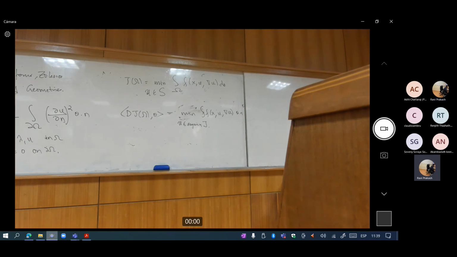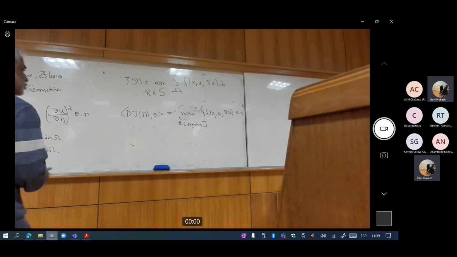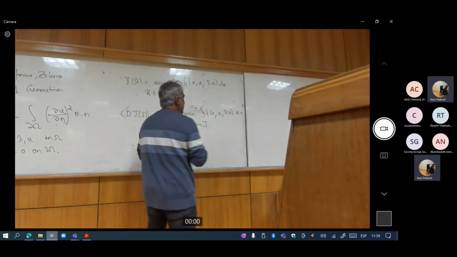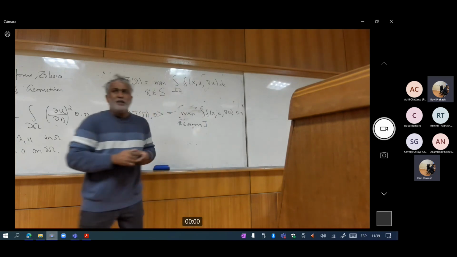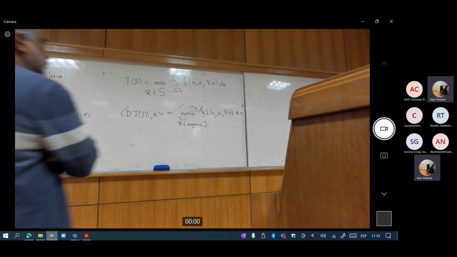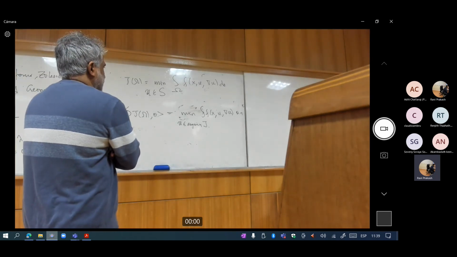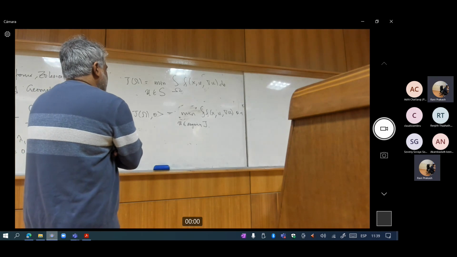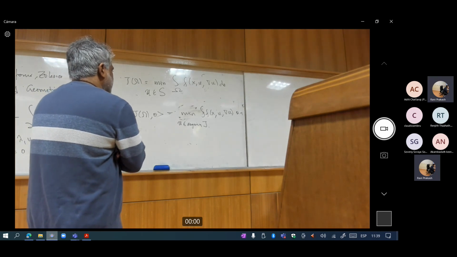And maybe there is something to do with the minus sign here, probably have to check, but more or less this is the shape derivative.